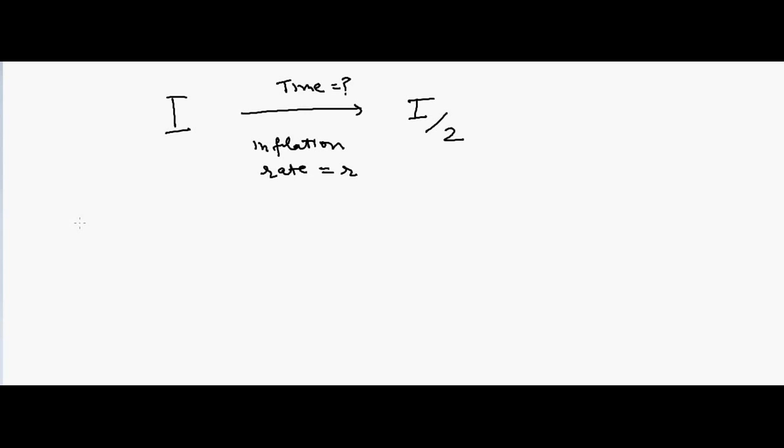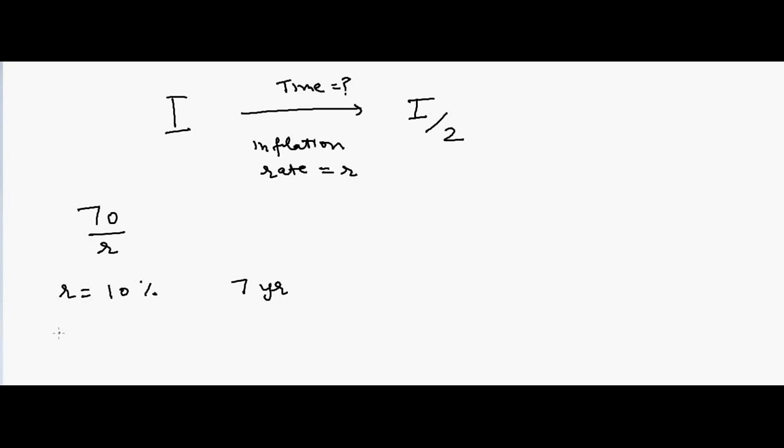So the simple trick to approximate the time is to take the number 70 and divide it by R. So for example, if you have an inflation rate of 10%, then it will take 7 years for your money to become half of its value.